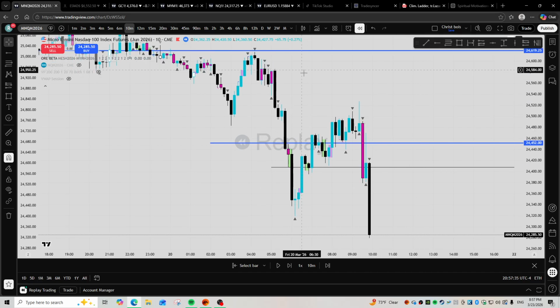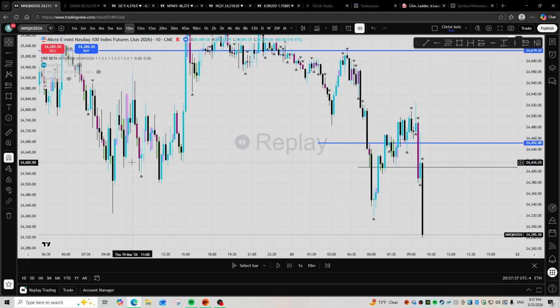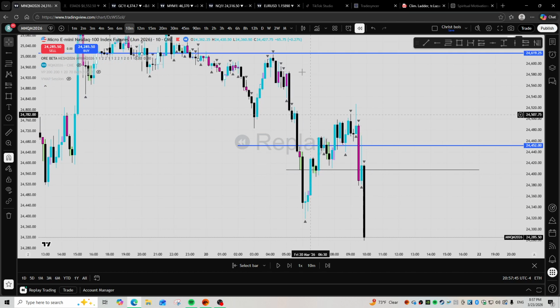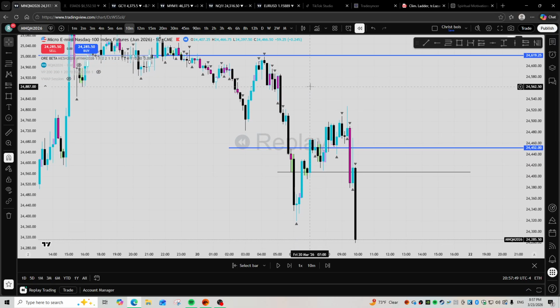So this is what we see here, right? We have this 10-minute range that takes out a swing low and an FRT low as well. So that is that second range right here. Boom. Doesn't make it an OB. Interesting.